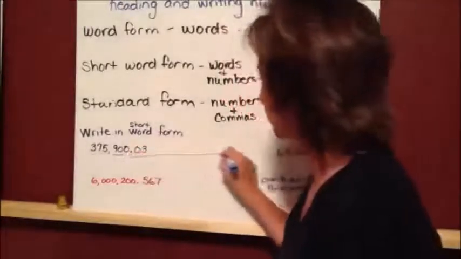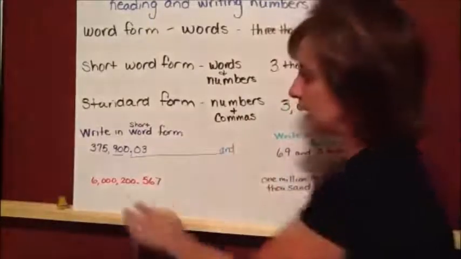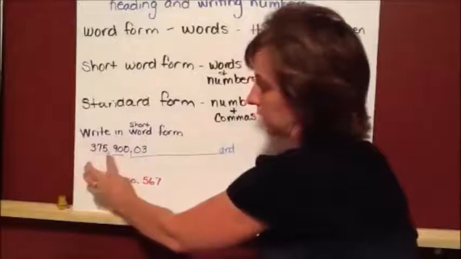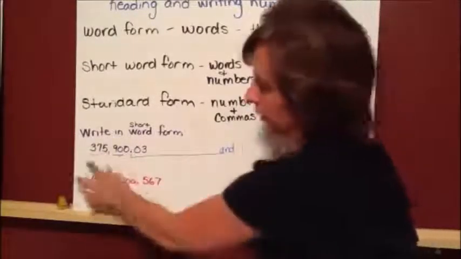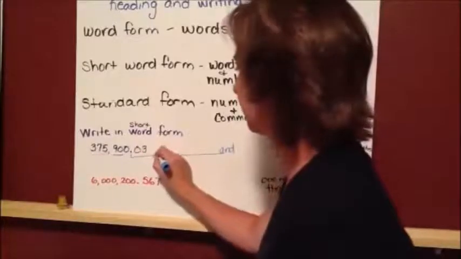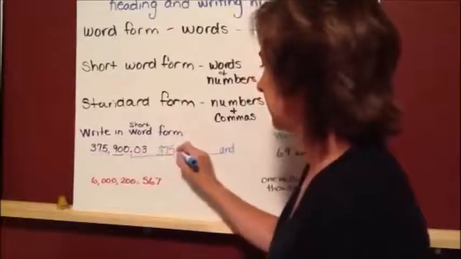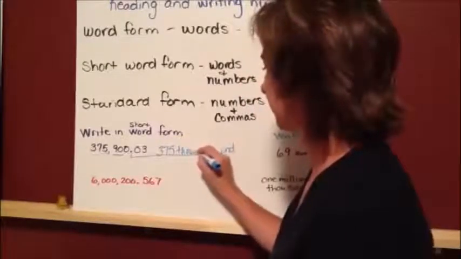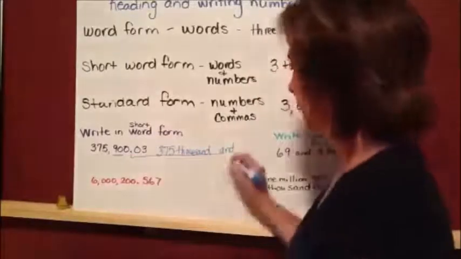This decimal tells me that I'm going to use the word and. These are going to go between it. This one says I need the first comma word. So this is reading this as one number, 375. And this means that I have to say 1,000. Read this as one number, 900.